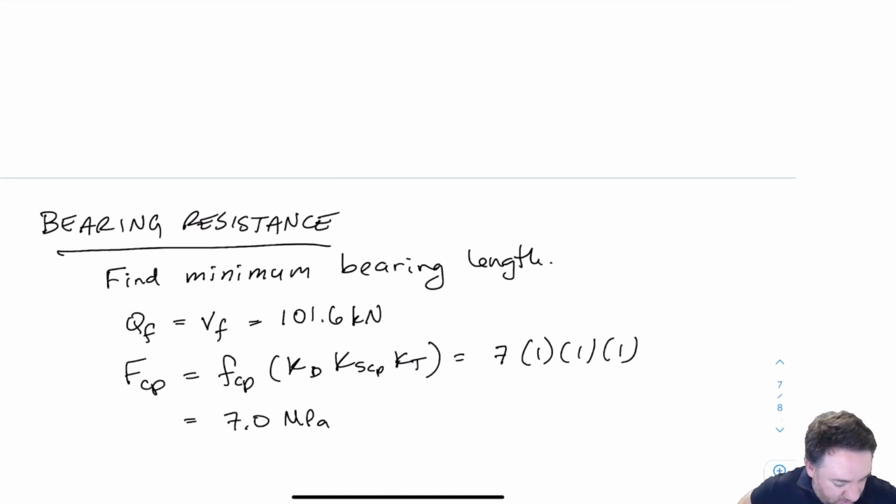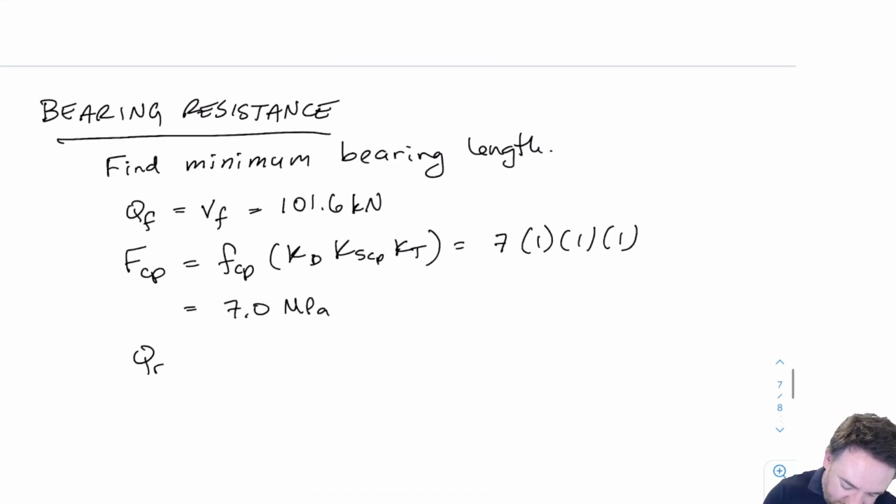Okay, so let's remember our equation for QR, for all applied loads, is phi times FCP times AB, which is our bearing area, times KB times KZCP.